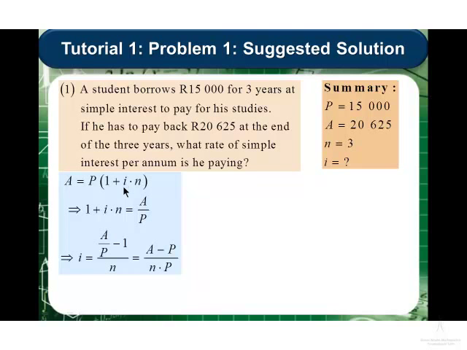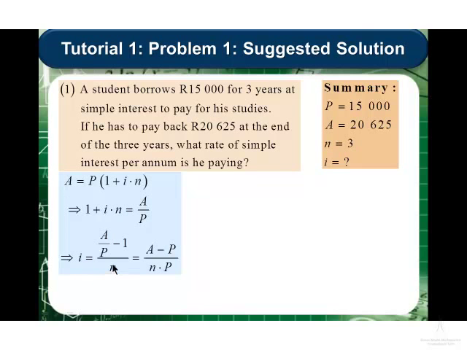So be careful to manipulate this carefully. Divide through by P both sides of the equation, and we have this equation as shown on the screen. And then of course it's just a matter of taking the term plus 1 to the right hand side and divide through by n to make i the subject of the formula.